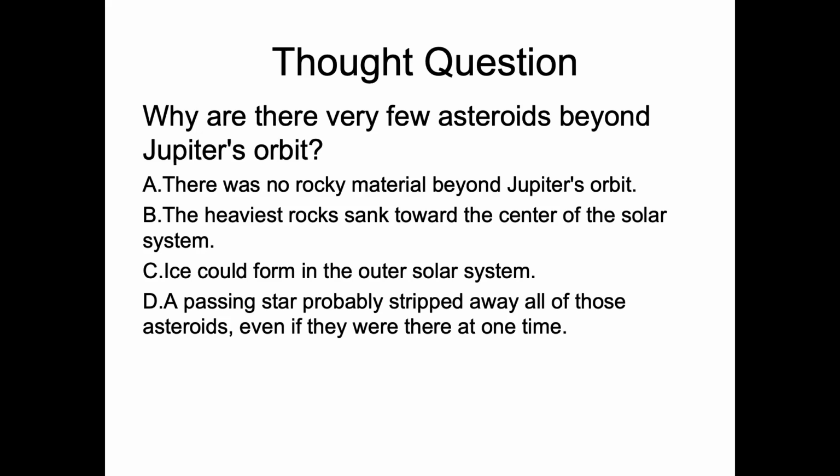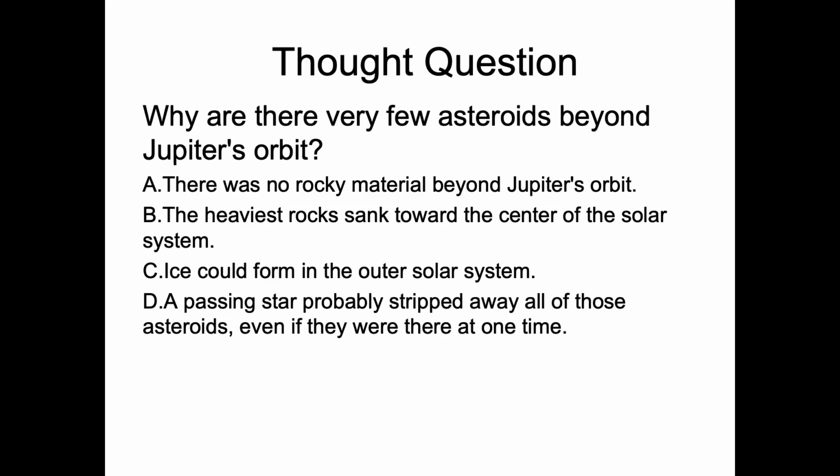Well, the answer is not A, because, as we indicated when we explored the interior of the Jovian planets, rocky material condensed everywhere. There was rocky material inside of Jupiter and Saturn, and Uranus and Neptune. So it's not that there wasn't rocky material beyond Jupiter's orbit.